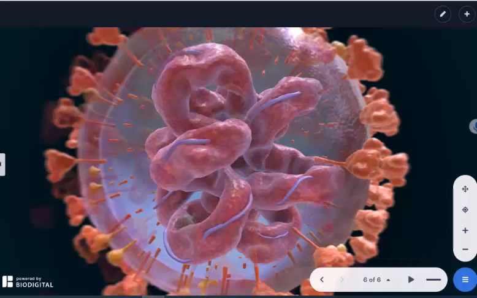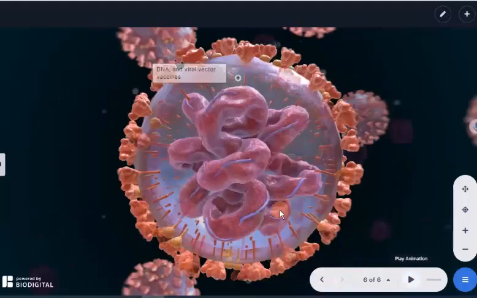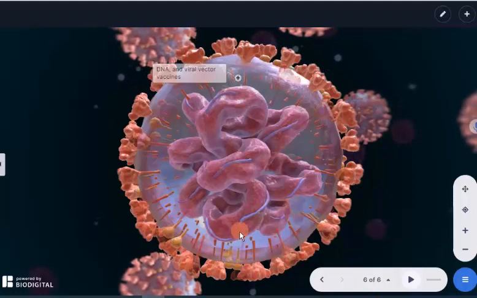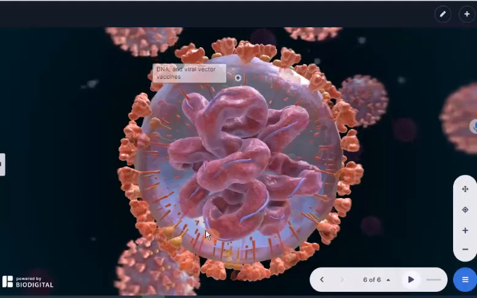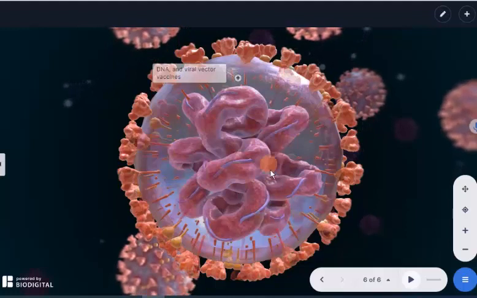So I would like to show you the different modes from where these vaccines are being formulated. These vaccines are produced by studying this structure in depth.